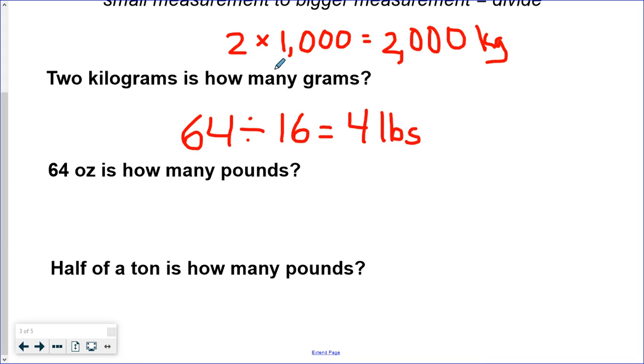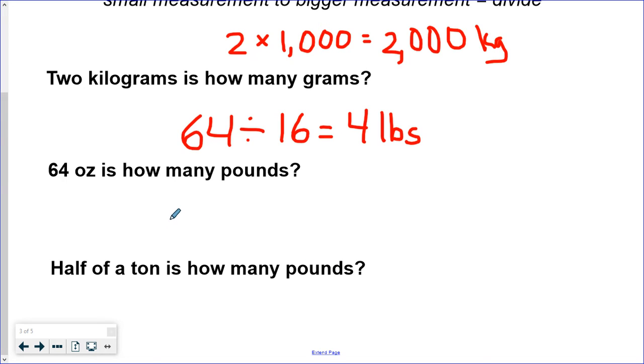Now, sometimes you may not necessarily have to divide or multiply. You can use some logic to help you out here. For example, half of a ton is how many pounds? Well, here it says I'm going from a ton to pounds, and I know that tons are bigger than pounds.